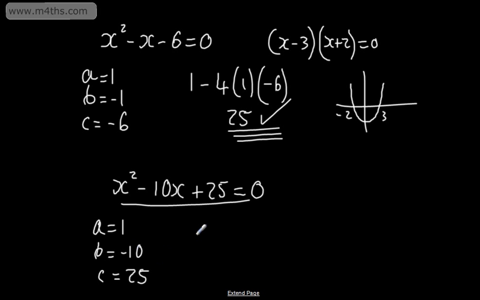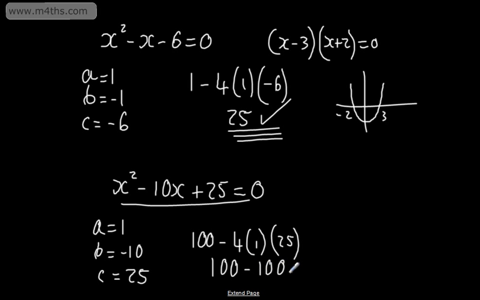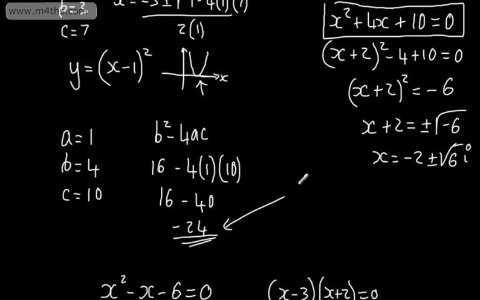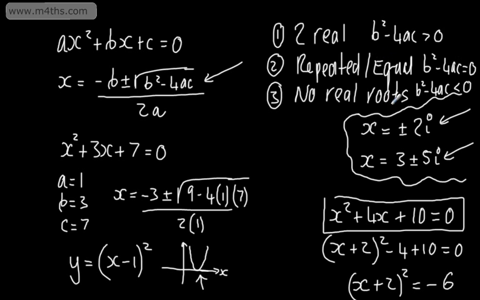So b squared, negative 10 squared, is 100, minus 4 multiplied by 1 multiplied now by 25. That's going to be 100 minus 100, which of course is going to give us 0. The discriminant is 0 here. B squared minus 4ac equal to 0 gives us a repeated root. So this is this scenario here.